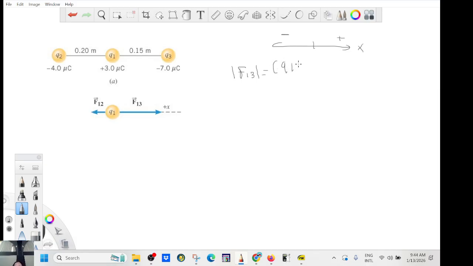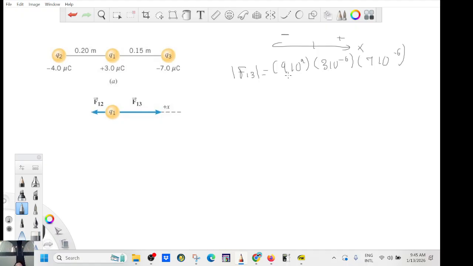So it's going to be the constant and then the charge of one, so Q1, so this is 1 and 3, so it will be 3 times 10 to the negative 6, and then you have 7 times 10 to the negative 6, okay?